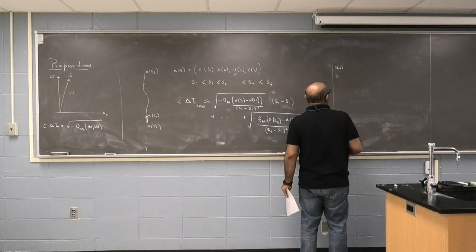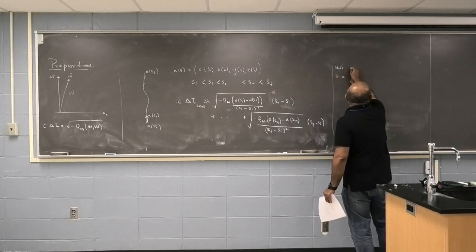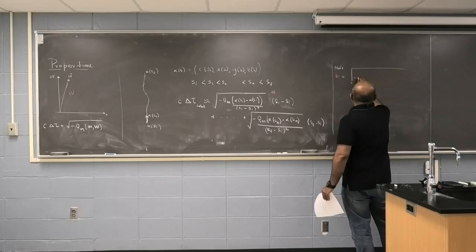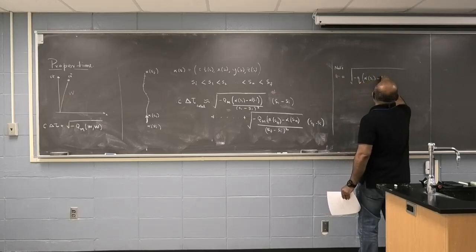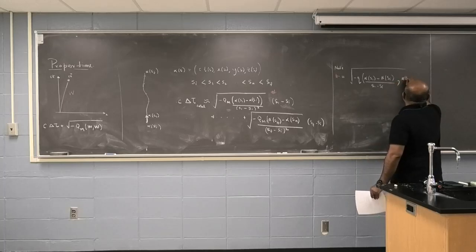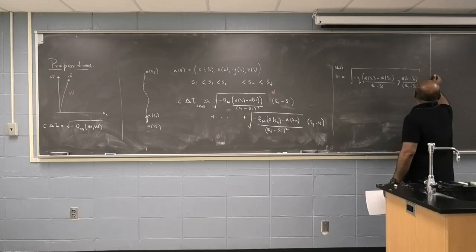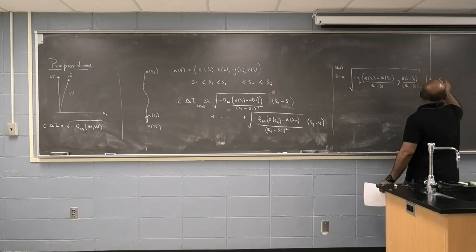Star is equal to minus eta of alpha s_1 minus alpha s_i over s_1 minus s_i, comma, alpha s_1 minus alpha s_i over s_1 minus s_i, times s_1 minus s_i.